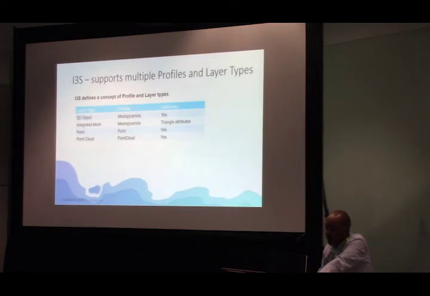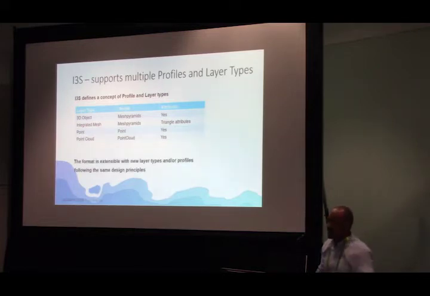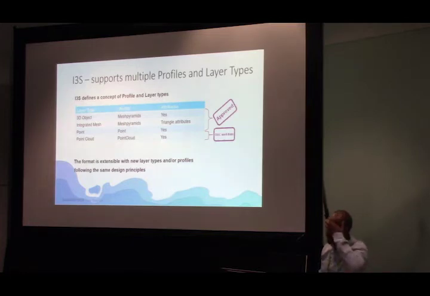Right now, there are three layer types supported in I3S. 3D object, integrated mesh, and point are supported or part of the OGC 1.0 standard for I3S. Currently, we're going through the OGC process of adopting point clouds, augmenting the current I3S standard and specification. But as I said, it's a living, breathing document or specification, so it still continues to grow as we put a lot of effort and energy into maintaining and updating this.